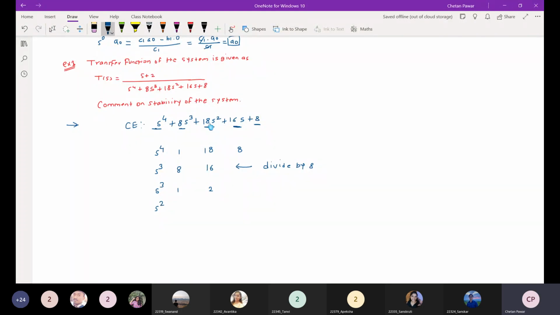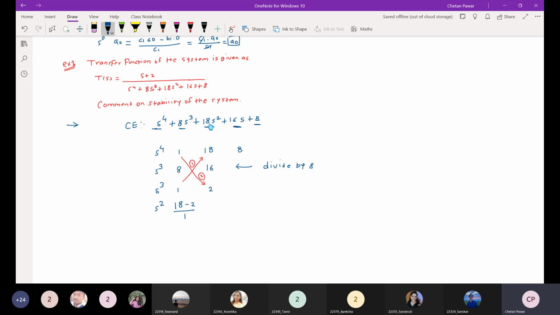Okay. Now we need to form the elements of the s raised to 2 row. To form this element, what we do, we take a product of this, first, then we take a product of this, and we take a difference and just divide by this term. So here, this particular term will be 18 minus 2 divided by 1.